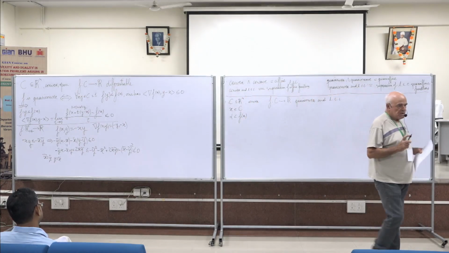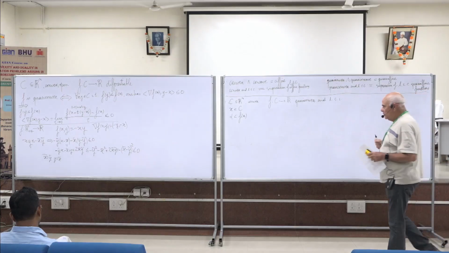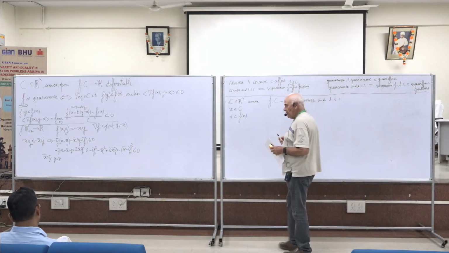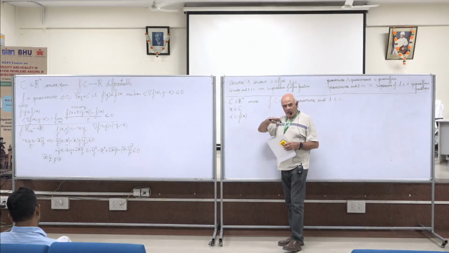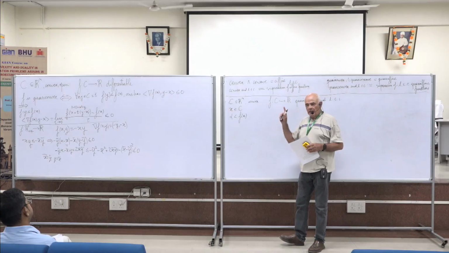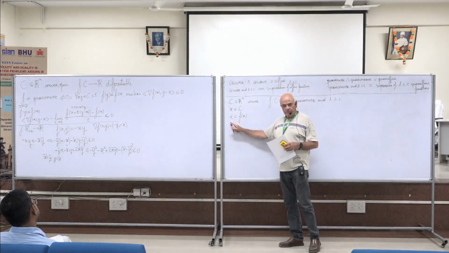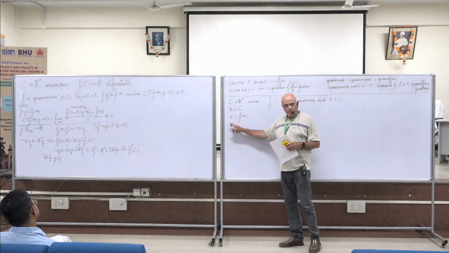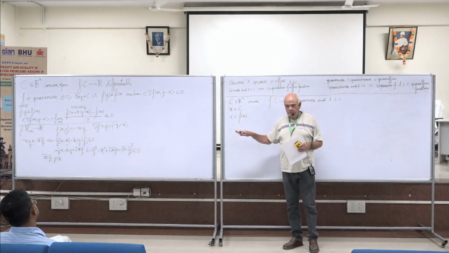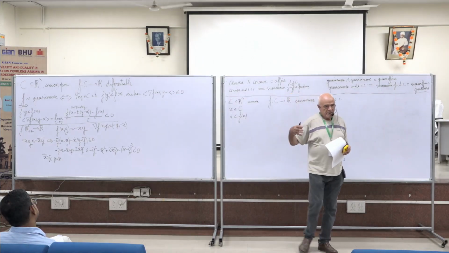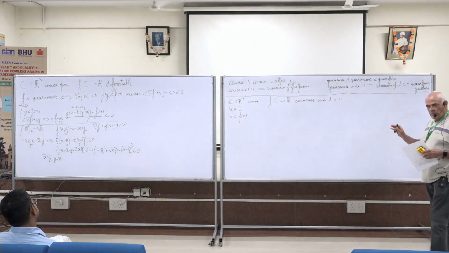So the strategy will be to define a lower semi-continuous quasi-affine function which is less than or equal to f everywhere and which at this point will take the value alpha. Do you agree that this will prove the statement? We can discuss at the end if you don't see it clearly. But for the moment, let us do that.